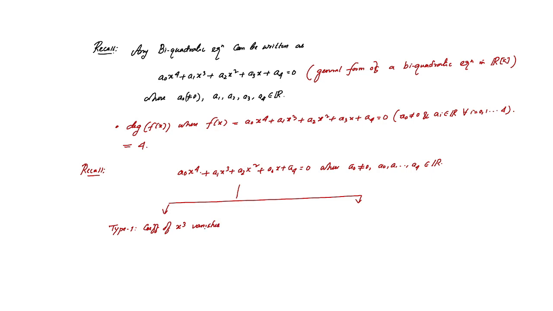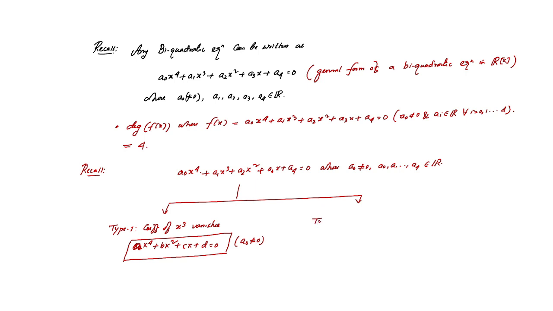In that case, the biquadratic equation looks like ax to the power 4 plus bx square plus cx plus d equals to 0, because a1 equals to 0. Here a is non-zero.